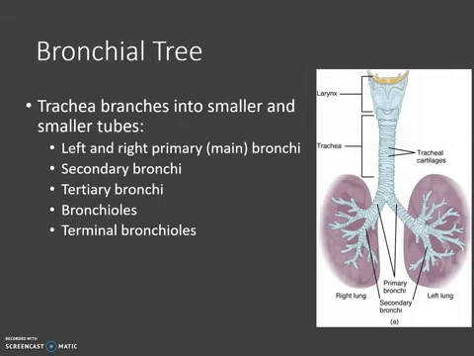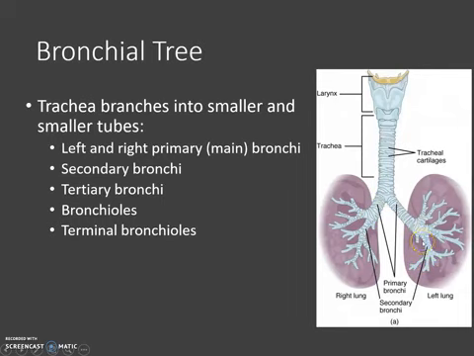Now the trachea branches into smaller and smaller structures that ultimately deliver air to the structures in the lungs. So from the trachea, it branches into the two primary bronchi. So you've got a right primary bronchus and a left primary bronchus. The primary bronchi branch into secondary bronchi, which then branch into tertiary bronchi.